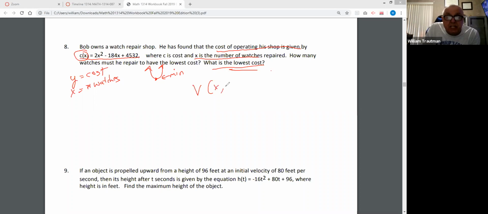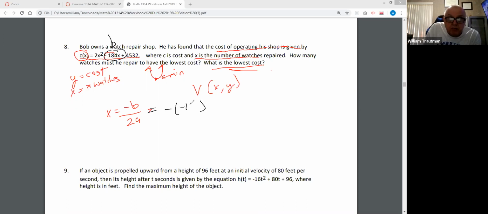We need to find the x and the y value of the vertex. To find the x value of the vertex, it's negative b divided by 2 times a. Negative b.